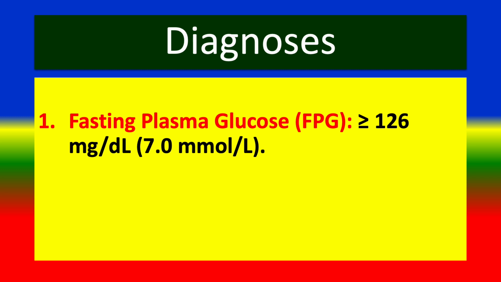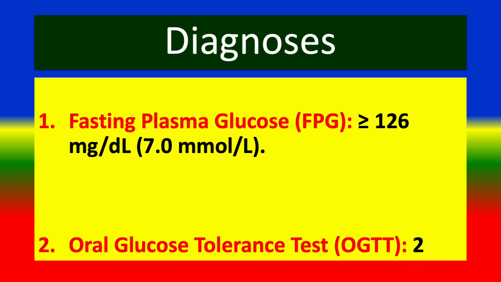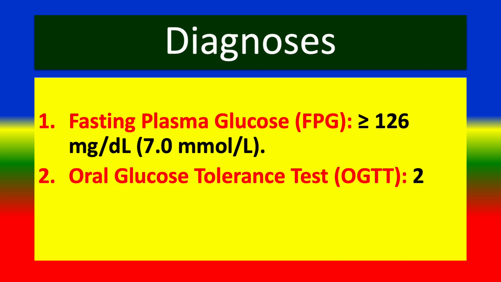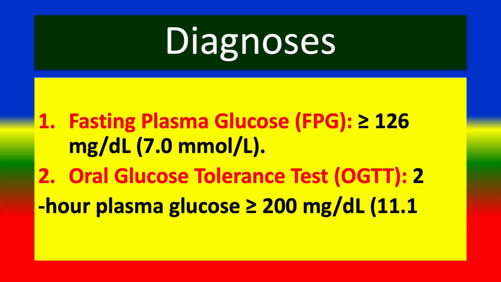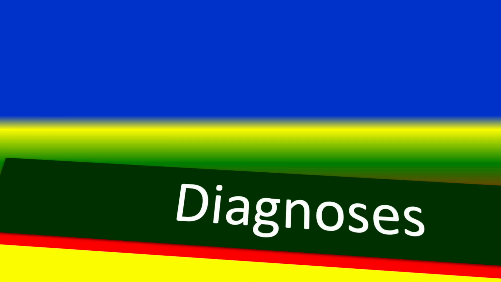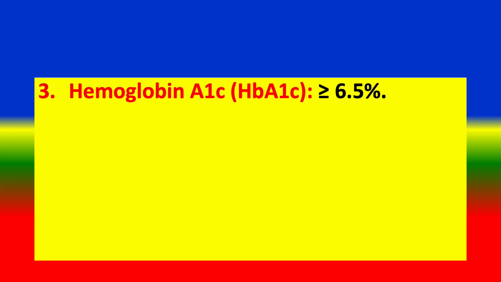Medical diagnosis: 1. Fasting plasma glucose, FPG, more than 126 mg per dL. 2. Oral glucose tolerance test, OGTT, 2 hours plasma glucose more than 200 mg per dL. 3.